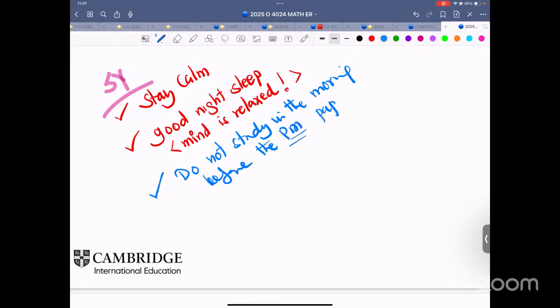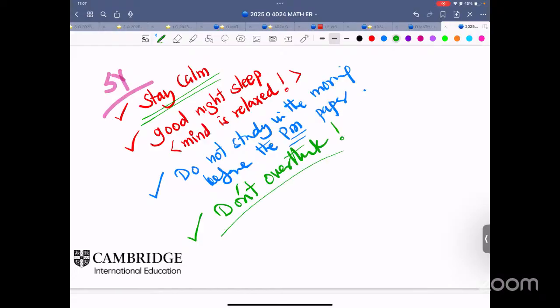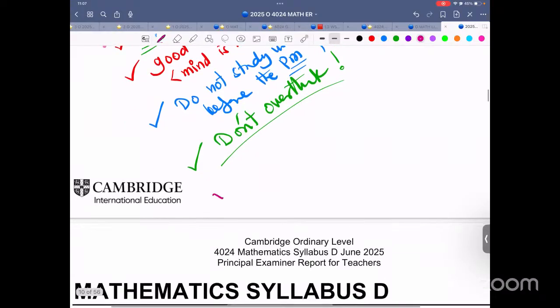So do not study in the morning. Of course, don't flip through the notes. That is my advice. That is what I practice. Don't flip through the notes because you have to stay calm. Don't overthink. Don't compare yourself with others. You have done your hard work. You are all set. You're all set for success.